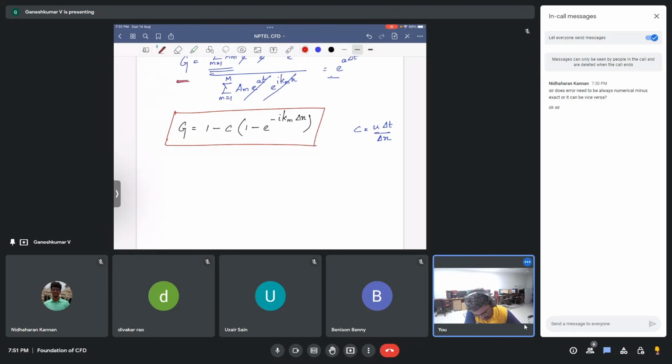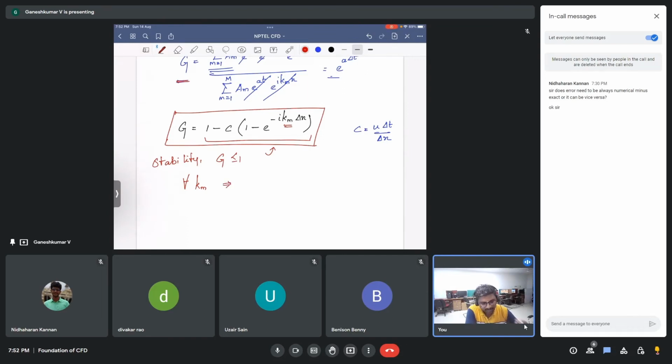For stability, we are interested in stability. For that we need g to be less than or equal to 1, right? For this scheme, g is governed by this part of the equation, 1 minus c into 1 minus e^(i k_m Δx). Now for any k_m that comes with the Fourier series, whatever k_m is, it is just a constant.